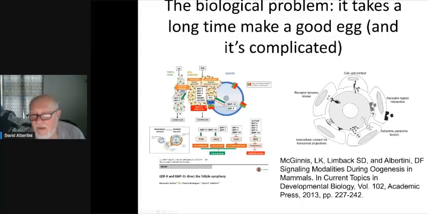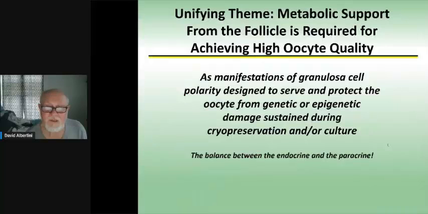And then if we look over here, we can see that while we initially thought that there were just these simple interconnections via gap junctions that could share the metabolism of the somatic cell with the oocyte, now we've come to understand that there are many other signaling pathways involved in this dialogue that really determines which eggs will acquire all of the properties needed for development and which eggs will not.